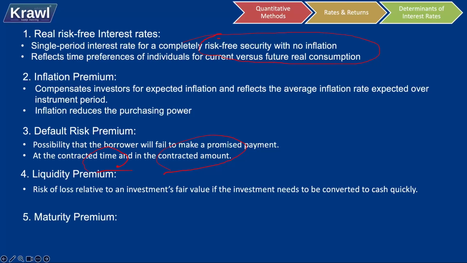Now, if there is an immediate requirement and the person fails to liquidate or monetize his or her investment, that is a number we need to add to the real risk-free rate to come to the interest rate.